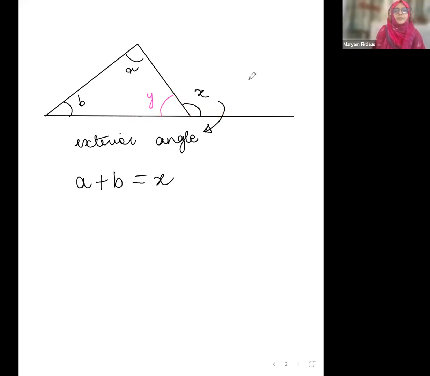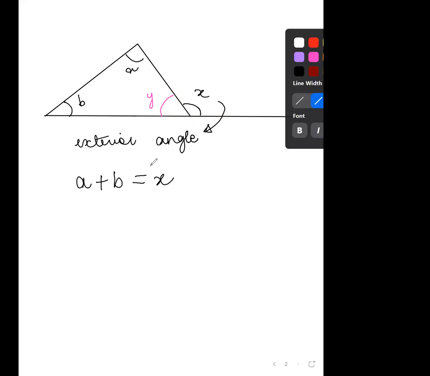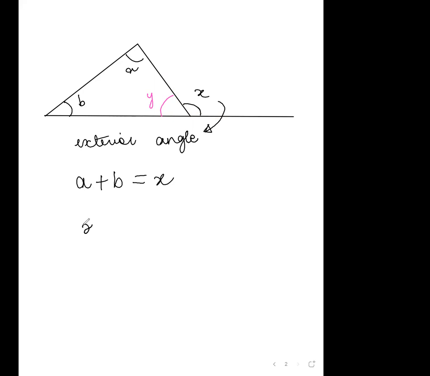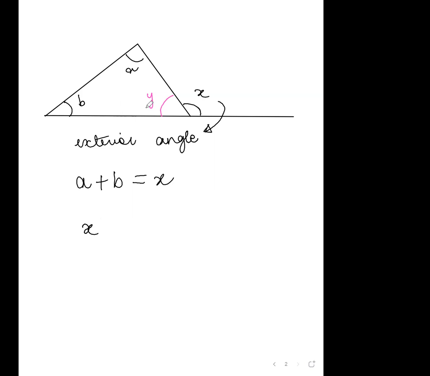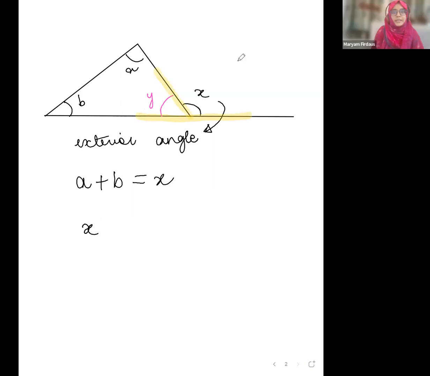So linear pair means if you do X plus Y, you will get A plus B. No. Forget about A plus B right now. Just look at X and Y. 180. Yes.